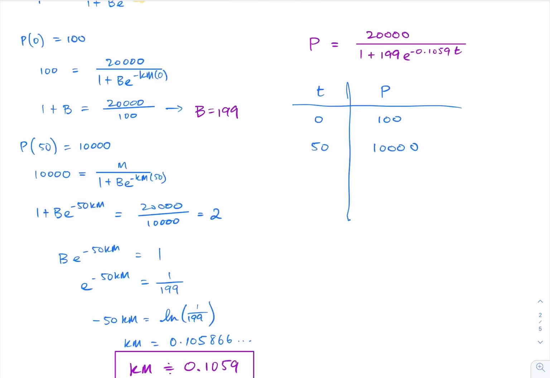And then in another 50 years, so this is 50 years ago, this is now, this is another 50 years, and then another, and then 75 years. So we need values of 100 and 125, and you just put it into your calculator, into this purple equation, and the values you get here are 19,900.